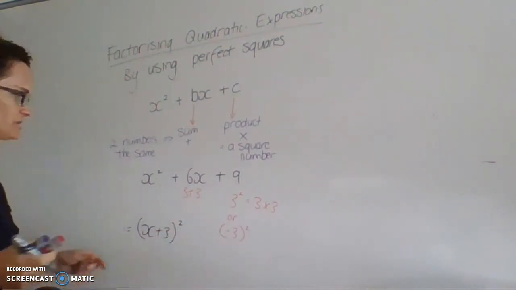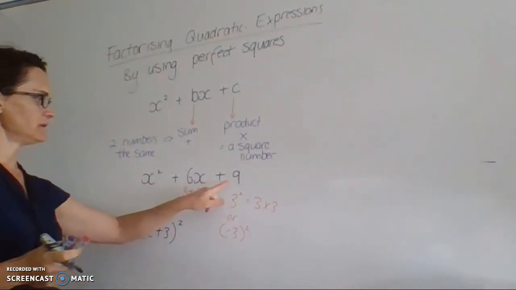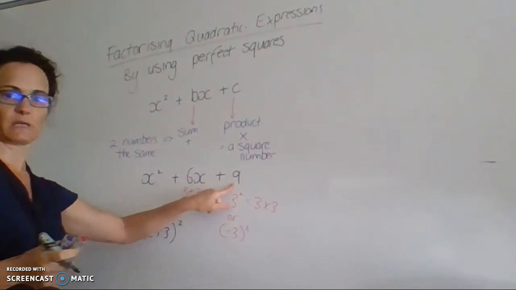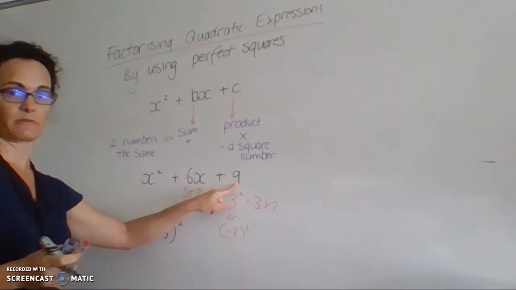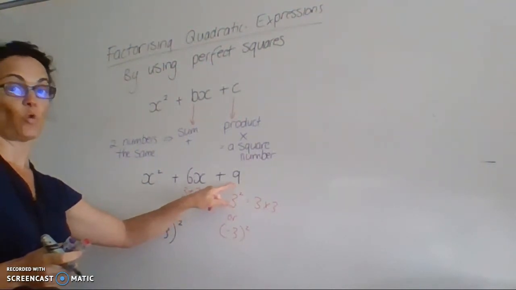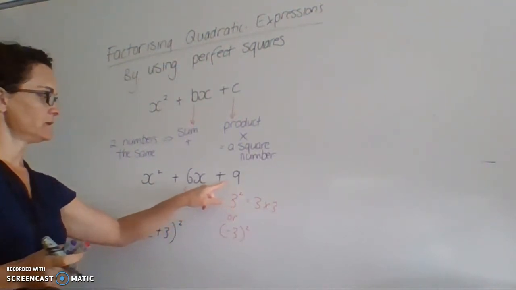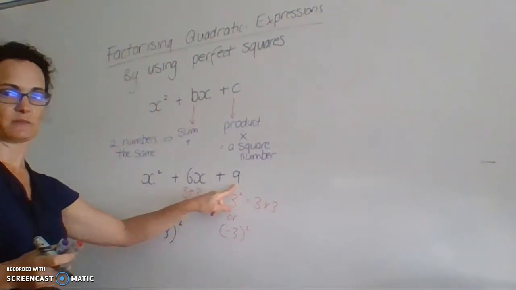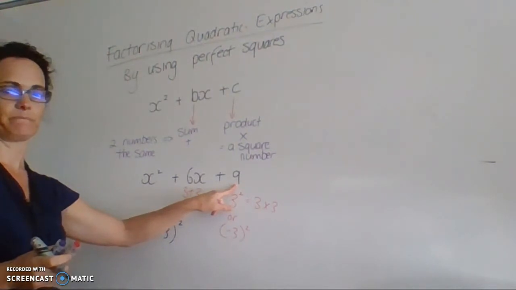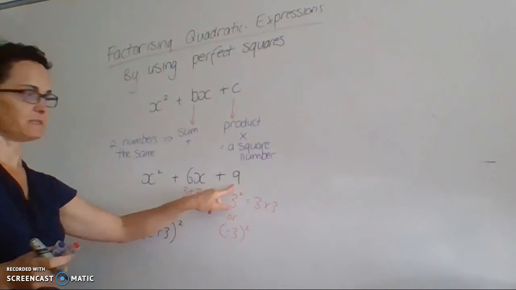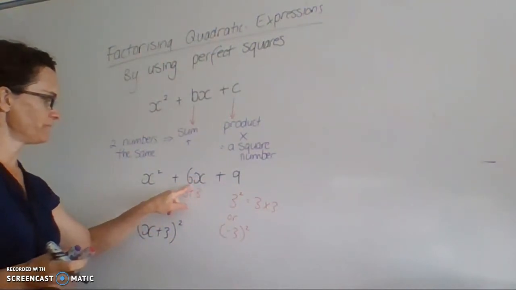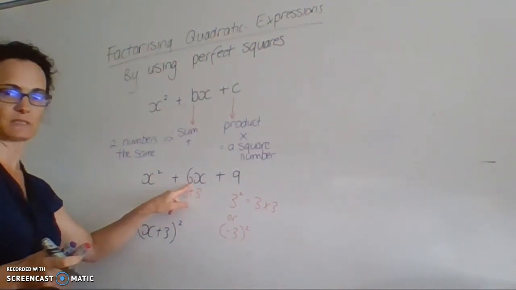Okay, so just going over this again. It multiplies, this is a square number, so straight away I'm thinking, okay, this is a square number, the square root of that is 3, or negative 3, because negative 3 times negative 3 is 9, and positive 3 times positive 3 is also 9. When I add that number with itself, it equals 6.